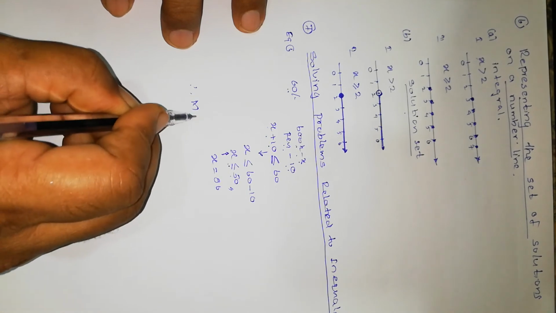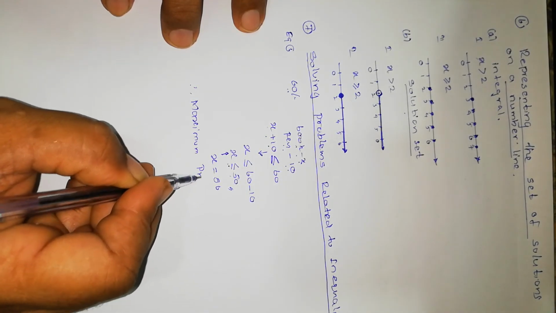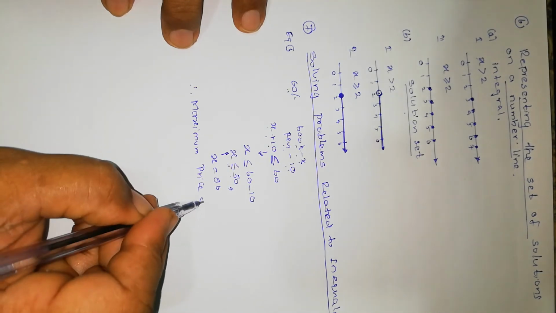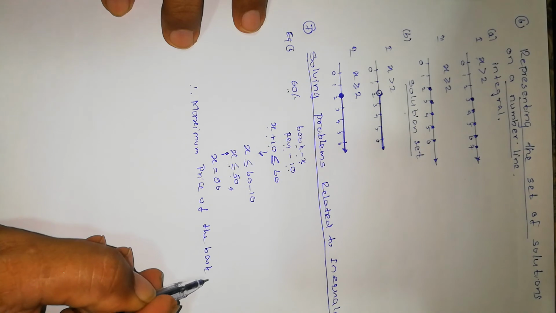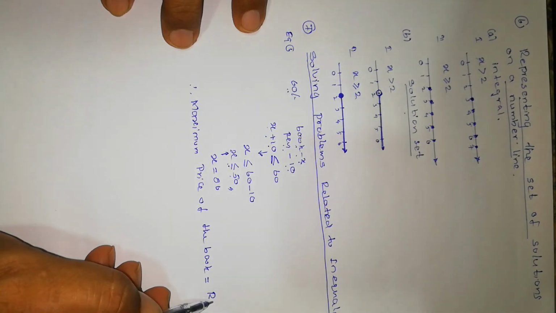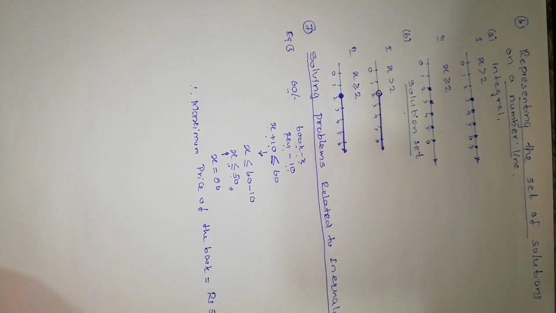Therefore, children, the maximum price of the book should be 50 rupees. This kind of question is also given. We learn this kind of question under solving problems related to inequalities.